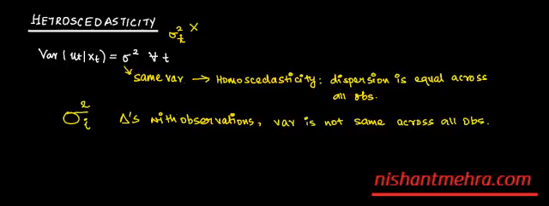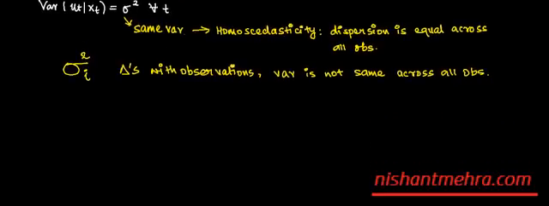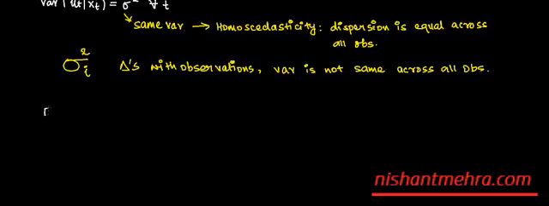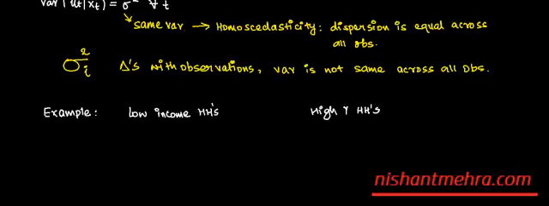So let us give you some of the very classic examples. Okay, now the example is that supposedly there are low income households, and there are some high income households. Now if you look at the consumption pattern of low income households, what do you find?